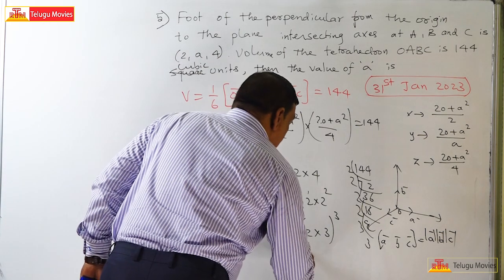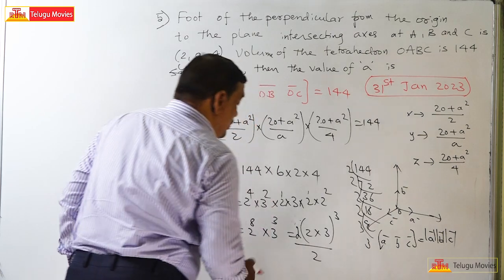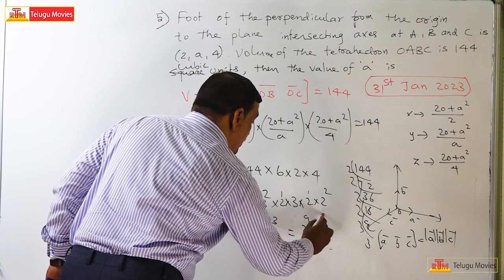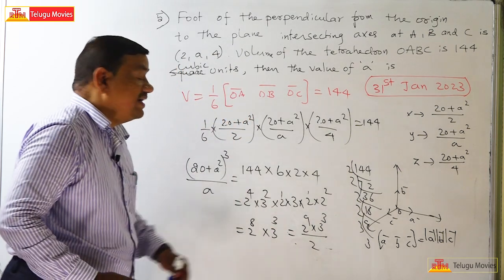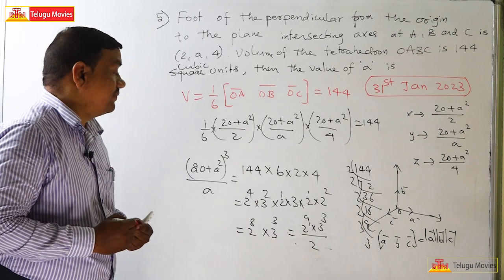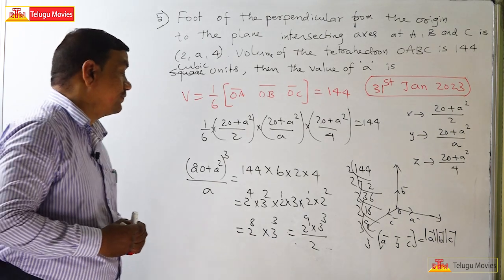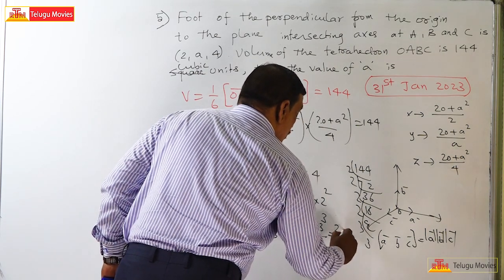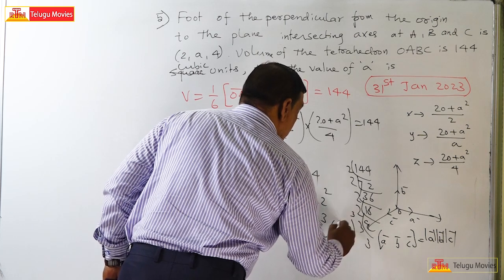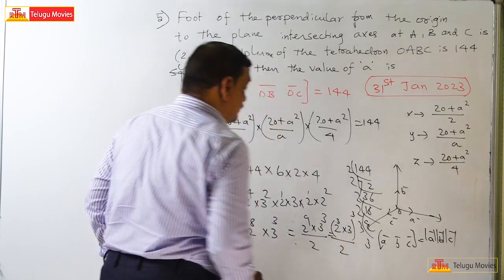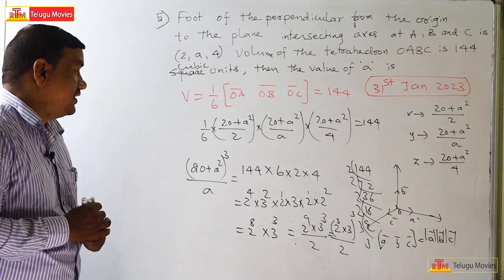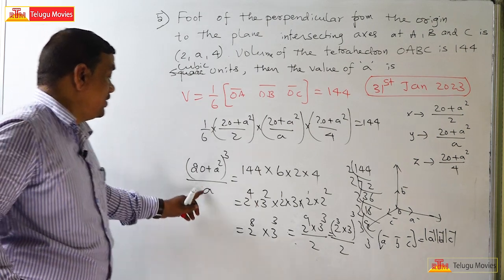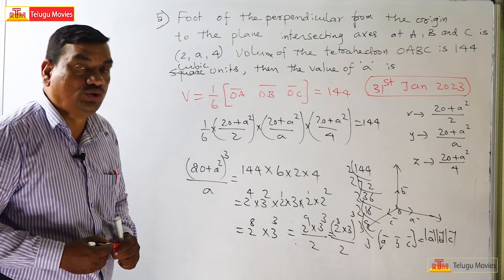Otherwise, you can write it differently: this is equal to 2 power 9 into 3 cube by 2, so multiply and divide with 2. So we can write it as 2 into 3 whole cube, here 3 cube by 2. Check here: 2 cube whole cube is 9, 3 cube by 2. So if you take A is equal to 2, let us check what happens.